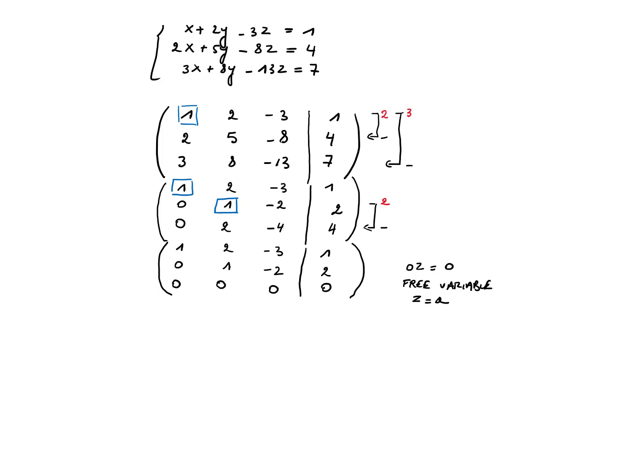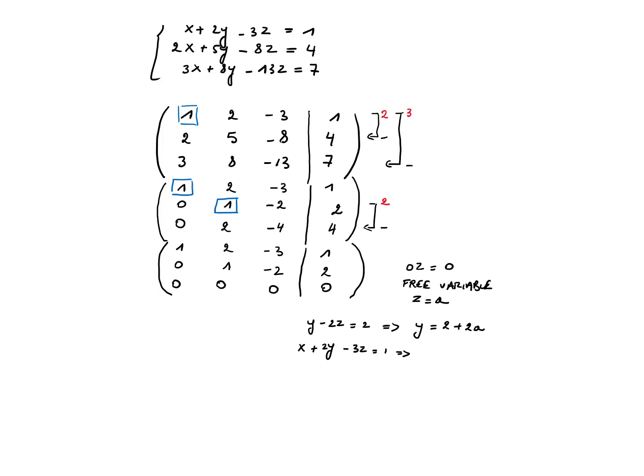Okay, so now I'm starting from the bottom. Write the second equation, so it's y minus 2z is equal to 2. So obviously y is 2 plus 2z, but z is equal to a, so it's 2 plus 2a. And now I can write the first equation, x plus 2y minus 3z is equal to 1.